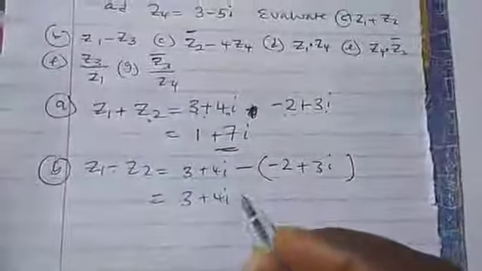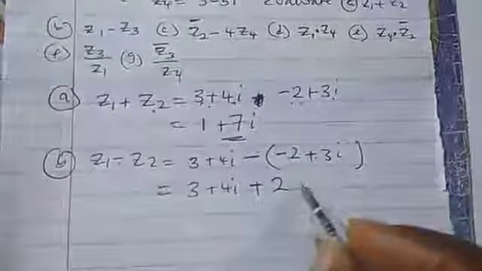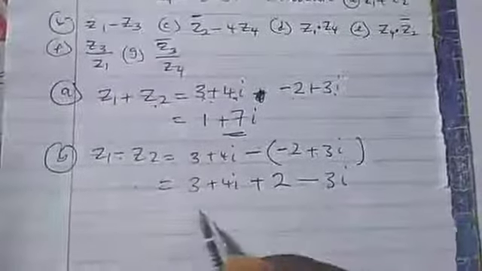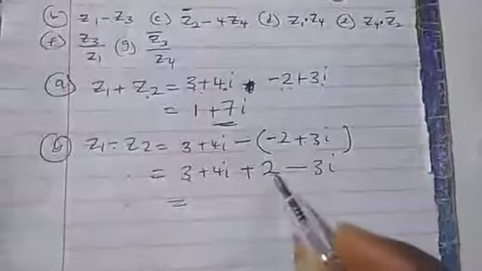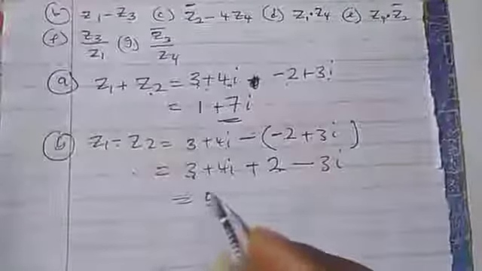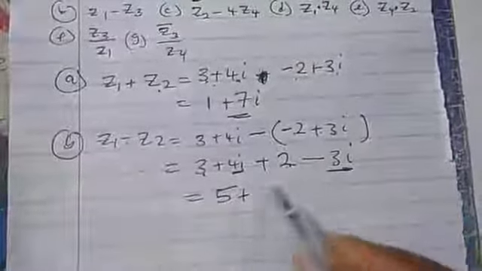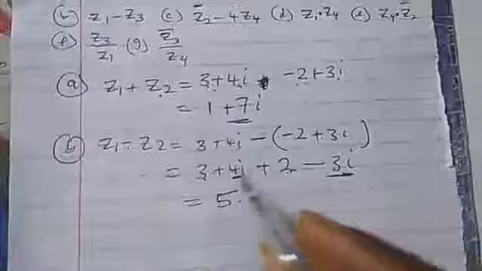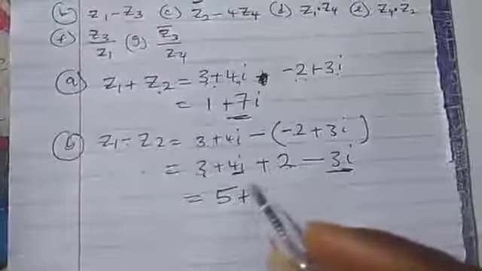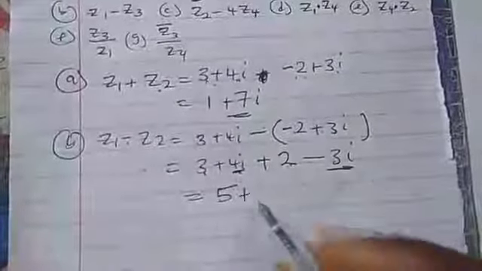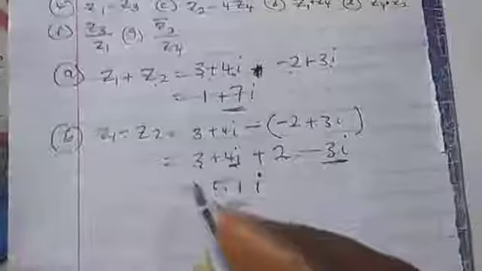If you expand, it will become plus 2, minus times minus. Minus times plus here is minus 3i. Then we bring the real parts together. 3 plus 2, that is 5, plus 4i minus 3i. You can see I'm adding the real and imaginary parts separately. 4i minus 3i will become 1i, which we can write as ordinary i.